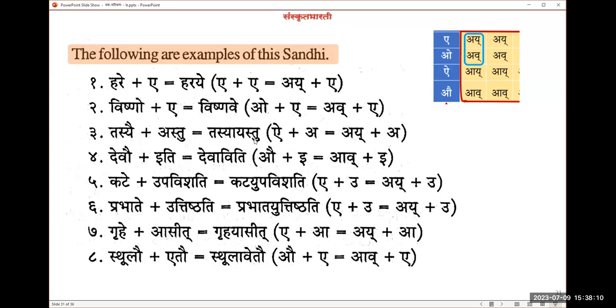Difficult to pronounce. Almost it sounds like tasyaya astu, but no, it is tasyai astu. Tasyayastu. A little bit of lengthening of the I happens in our mouth. I plus a.